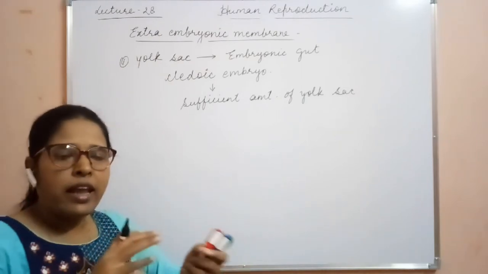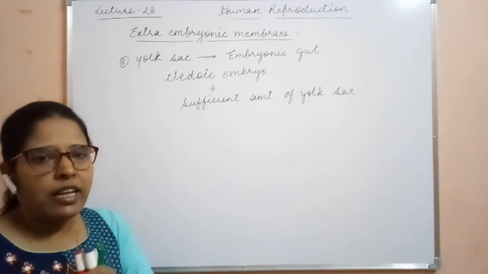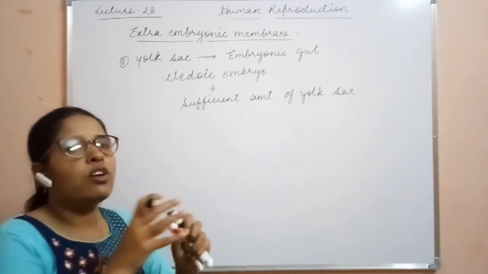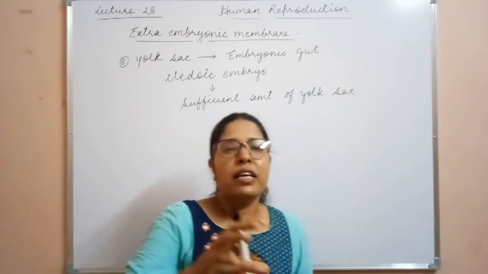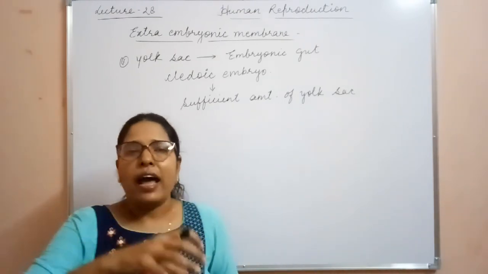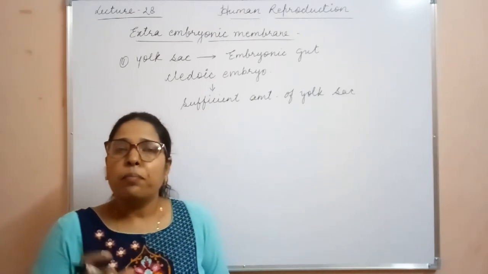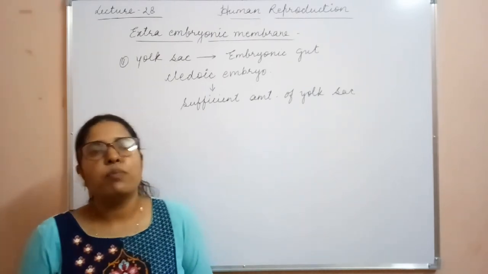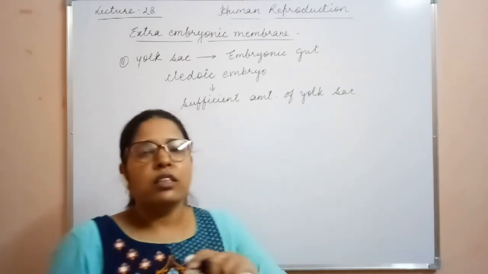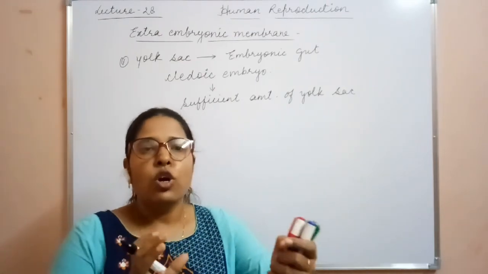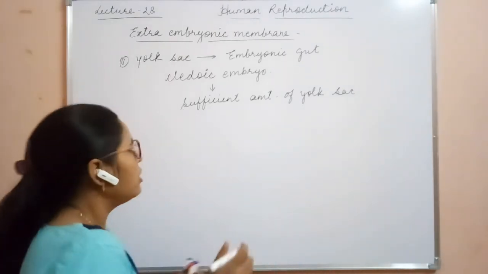In those animals, after the process of egg laying, the egg is not further in contact with the female body. That's why the complete development takes place inside the egg itself. But in human beings it is very poorly developed because there is no requirement of this yolk sac. The fetus takes up nutrition from the mother's body through placenta.